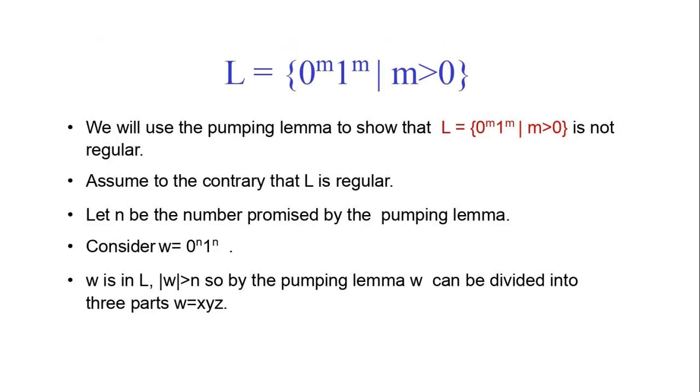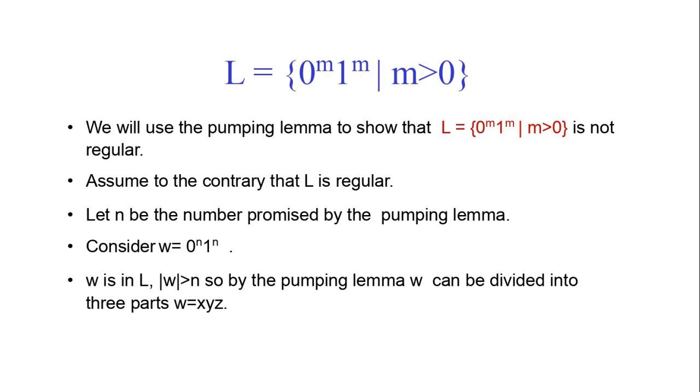So the first example here is a language L equals 0 to the m, 1 to the m, when m is greater than 0. It simply represents that all the strings with an equal number of zeros and ones belong to language L. Let's assume a word W which equals 0 raised to power n, 1 raised to power n.